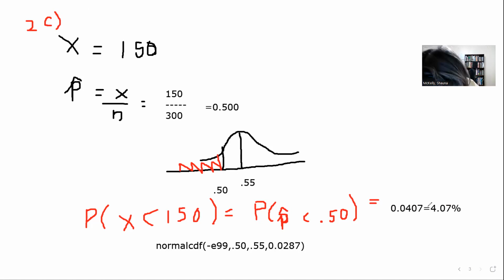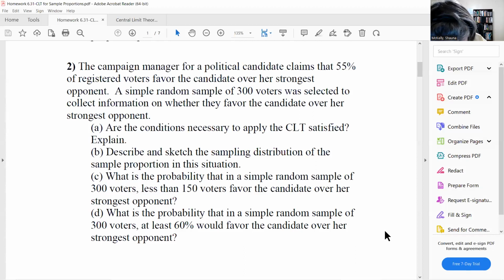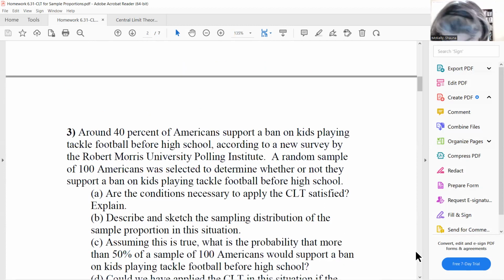Now, going along here, we have a part D to this question. So let's look at it. Part D says, what is the probability that in a simple random sample of 300 voters, at least 60% would favor the candidate over his or her strongest opponent?